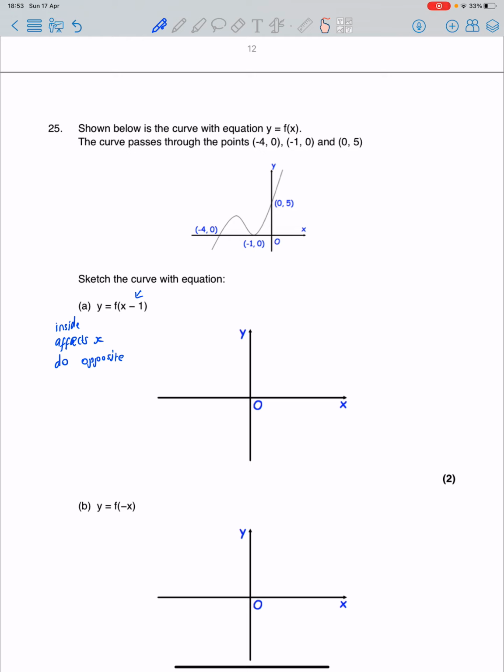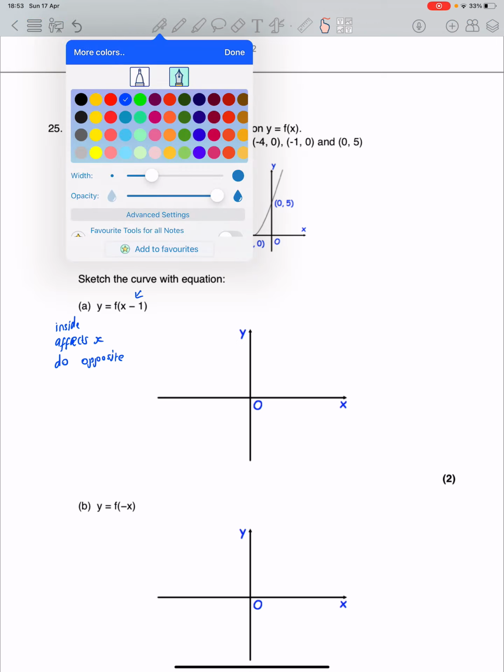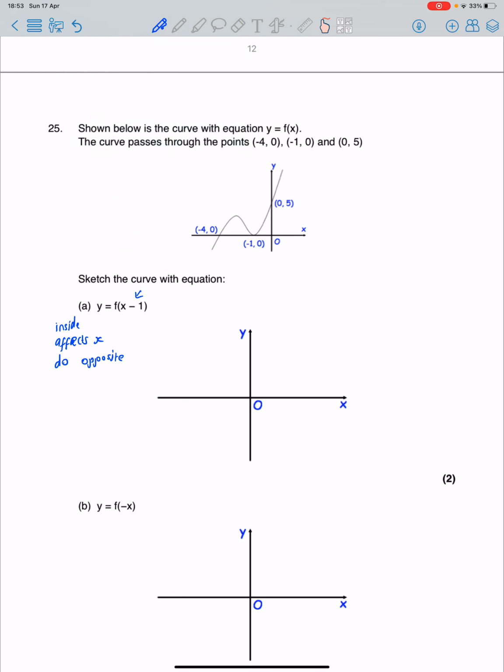So instead of moving it to the left, which is what most people would think, we'd move it to the right. And we've got to get the critical points here. So what we have to do is ensure that this point that's minus 1, 0, we move it 1 to the right, so it now goes through 0, 0.